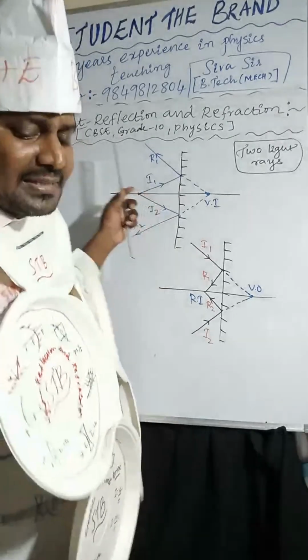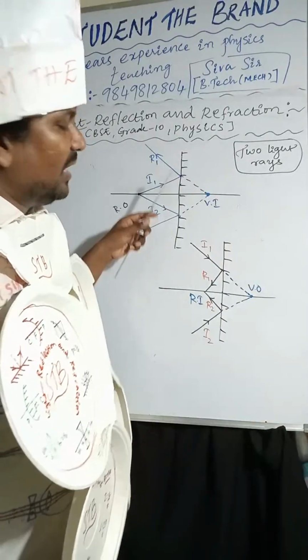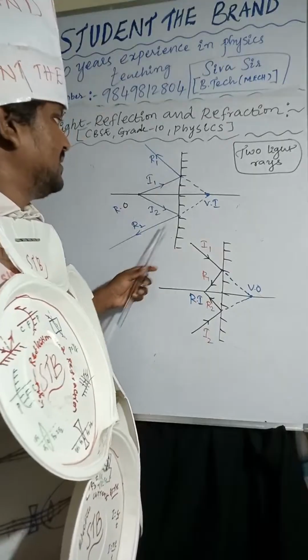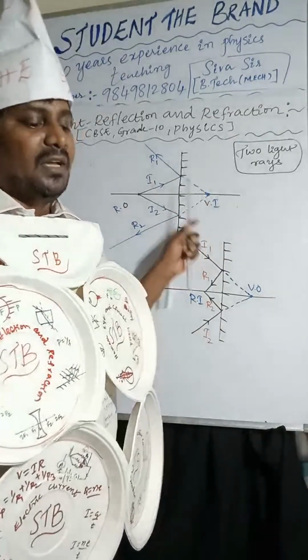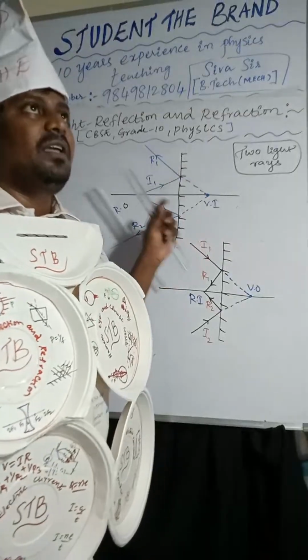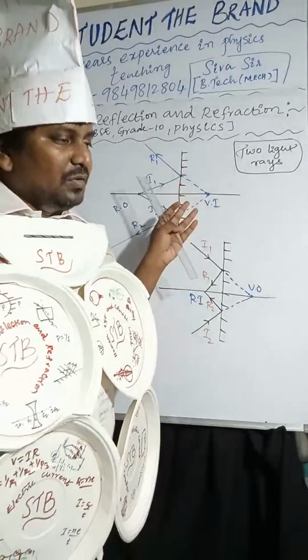We are extending the reflected light rays. If you extend the reflected light rays, their image is forming. So from this point we can conclude one thing.